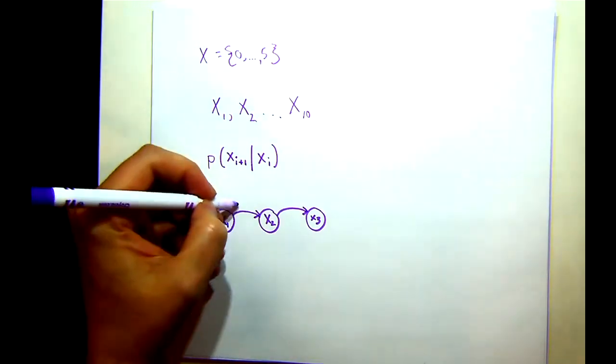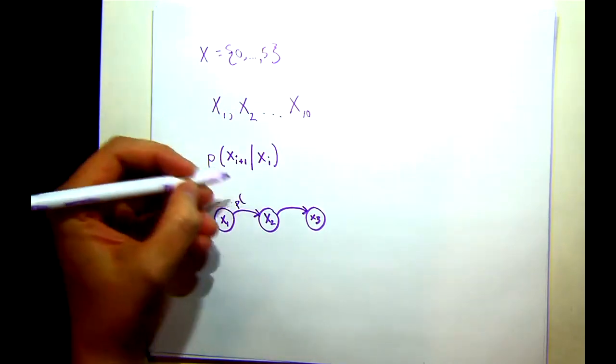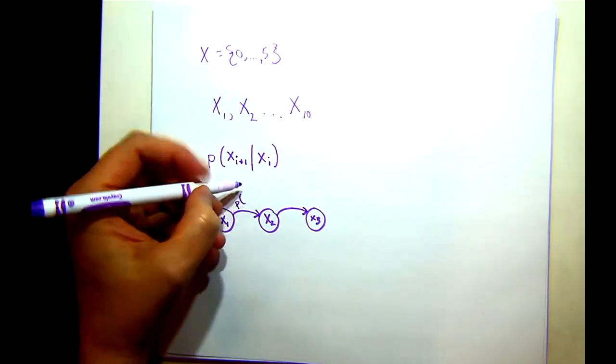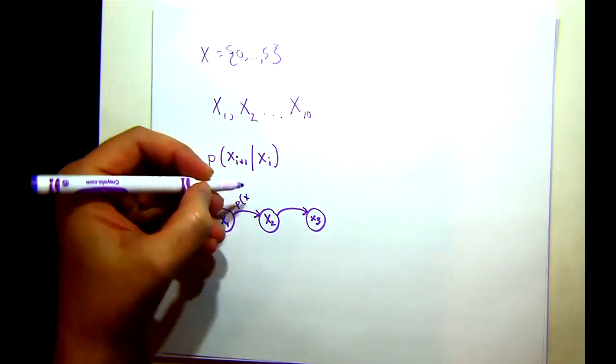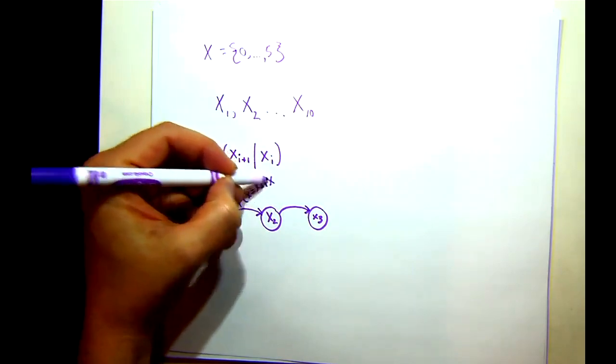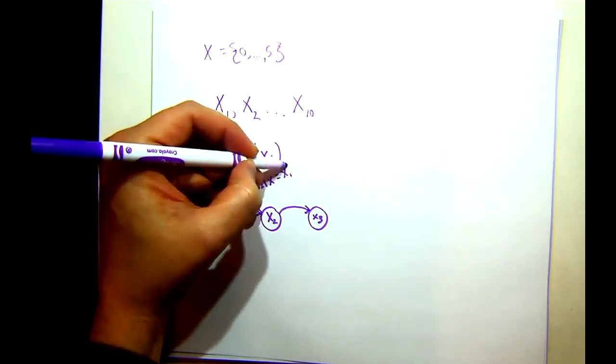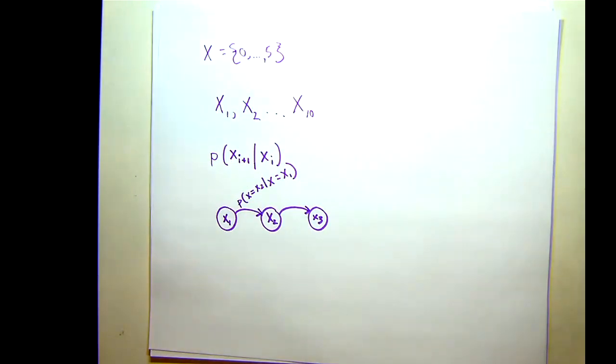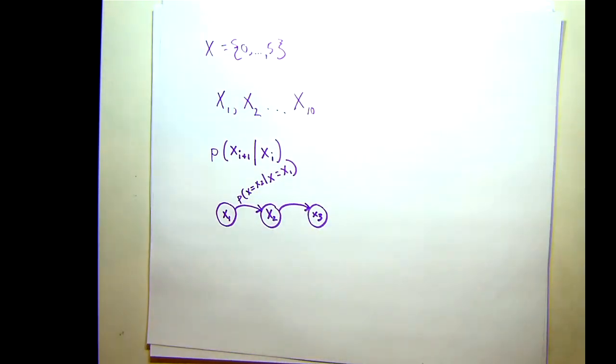And this would be the probability of going to x2, given that x was equal to x1. So it's this chain of probabilities. Even if you don't put the exact values for x1, x2, x3, you'll often draw the chains just to show the structure.